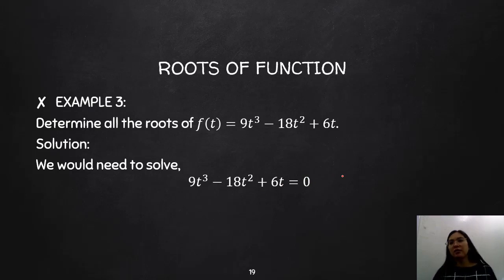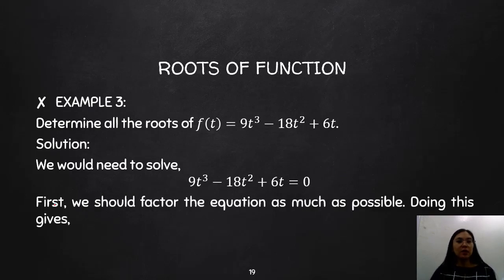I believe you are already familiar with this kasi ginagawa nyo na ito dati sa algebra. So it says here, what do we do first? We should factor the equation as much as possible. And then doing this gives you, diba, factor natin kasi you can factor 3t. So 3t multiplied by 3t squared minus 6t plus 2 is equal to 0.